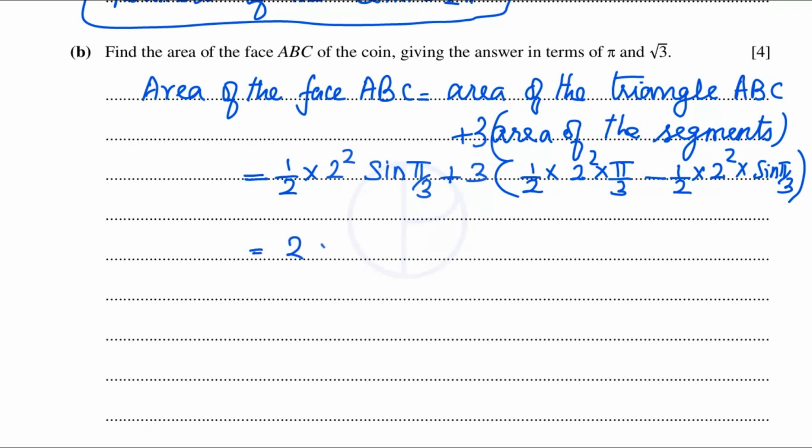This is equal to 2 times sine pi over 3, which is square root of 3 over 2, plus 2 pi minus 3 multiplied by 2 is 6 multiplied by square root of 3 over 2, which is equal to 2 pi minus 4 square root of 3 divided by 2, which is 2 square root of 3.